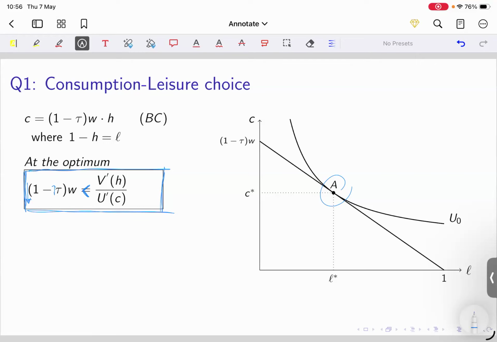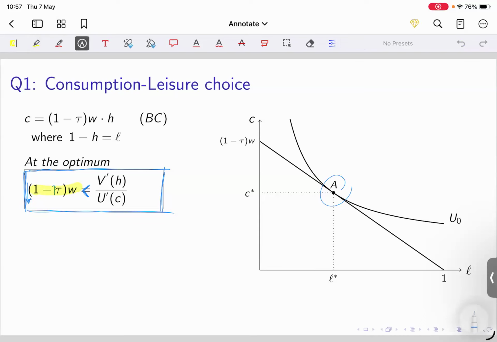Economically, what is this 1 minus tau W? Yes, it is my available income, but it is also the opportunity cost of leisure. If I'm resting on the couch 1 hour, it means I'm working an hour less.